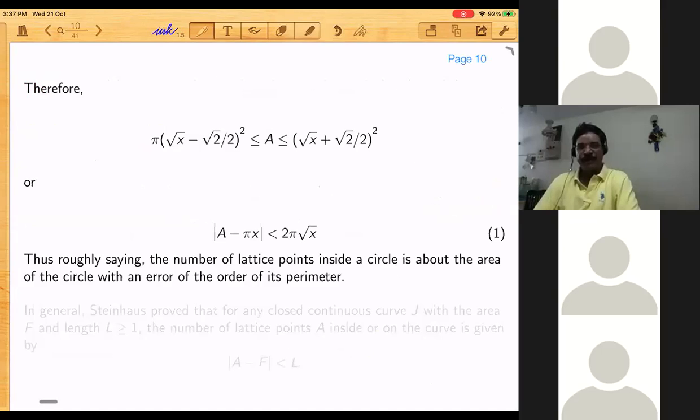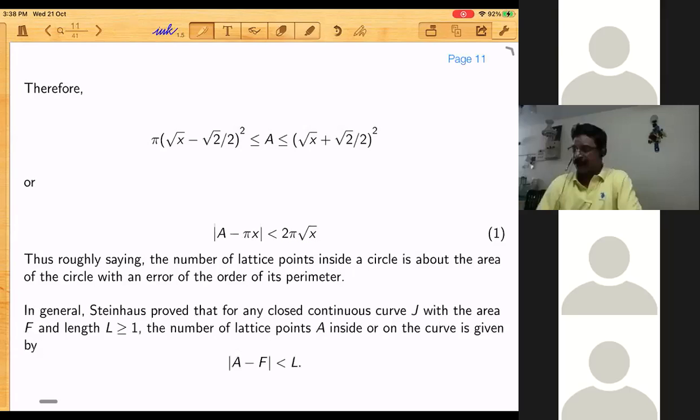That means the number of lattice points, which is A, minus the area, is less than 2 pi square root of 2x. So pi x is the area of the circle, and this is the perimeter. Therefore, roughly speaking, the number of lattice points inside the circle is about the area of the circle with an error of the order of the perimeter.